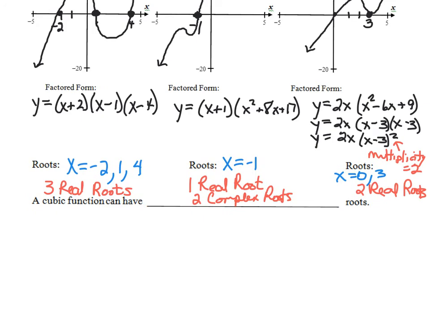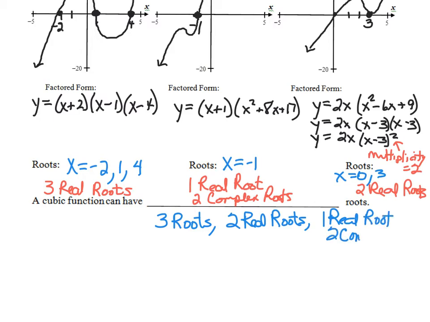So from these three examples, I hope you can see that a cubic function can have 3 roots like it did in example A, or it can possibly have 2 real roots when one of them has a multiplicity of 2, or it can have 1 real root and 2 complex roots. So those are all of our possibilities for cubic functions. Back here, B would have been 3 real roots as well.